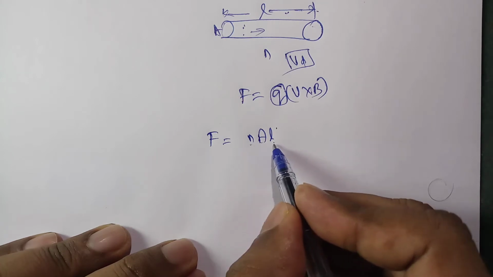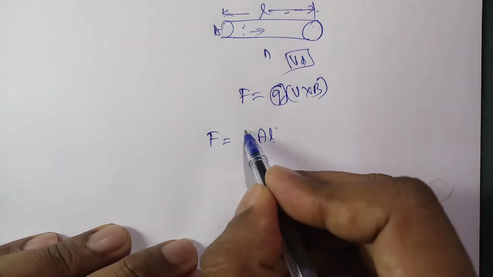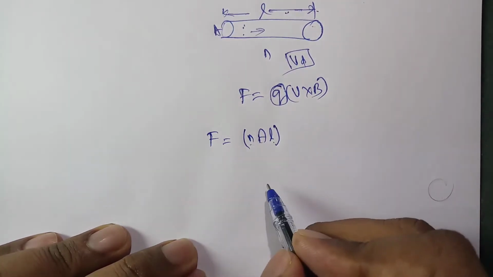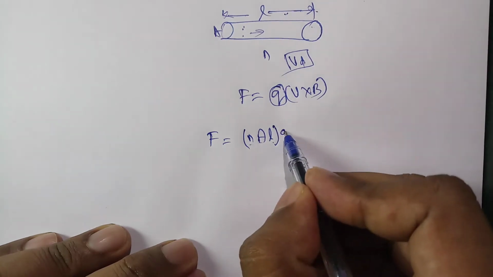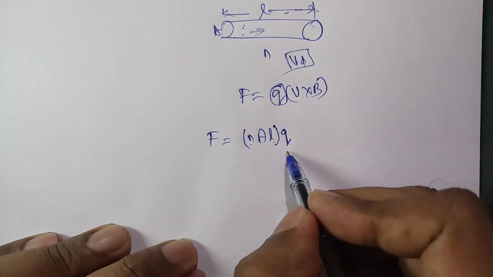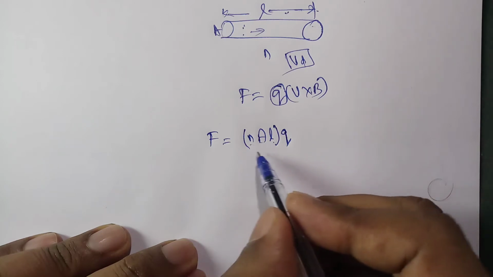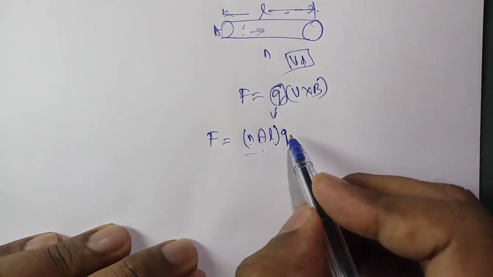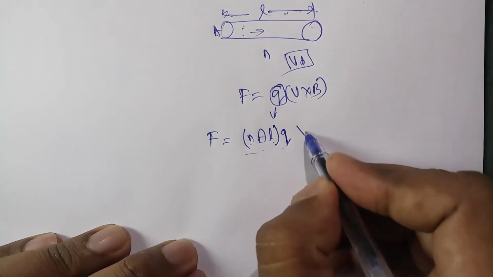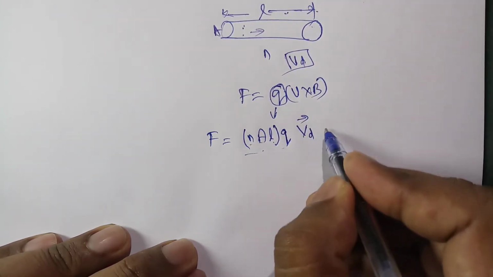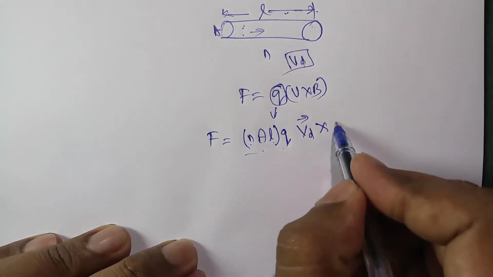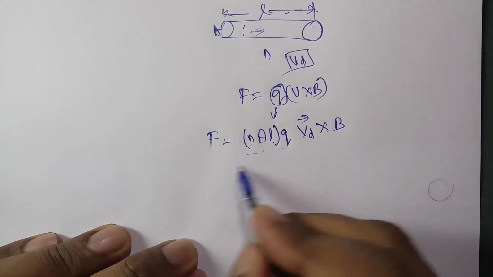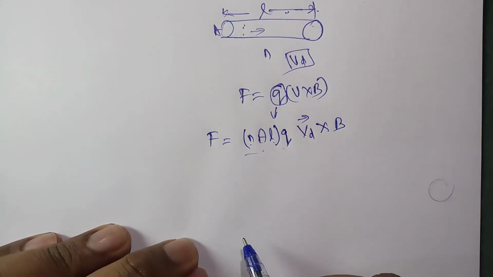This makes the total number of electrons. Now multiply with q, the charge of one electron. So this much makes the total charge. The remaining is Vd, the drift velocity, cross B. So this is our full equation here.